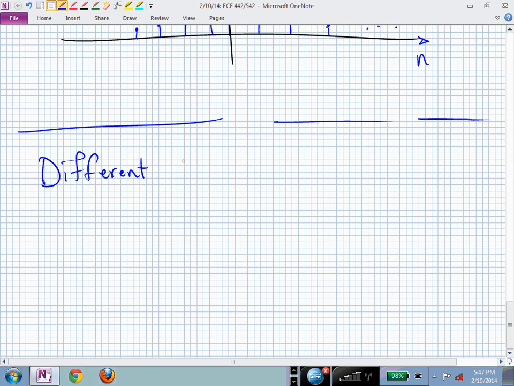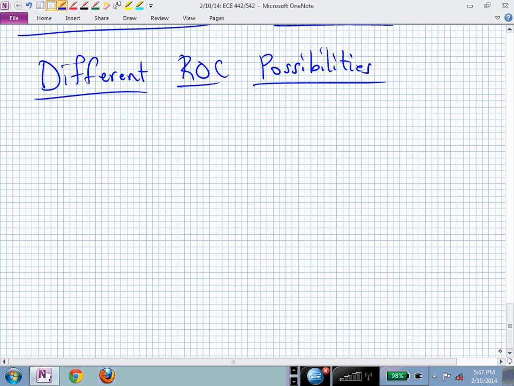Okay, so maybe we can address some of these questions with one more iteration on this, with different region of convergence possibilities. And now I will assign numerical values to the poles that I'm going to sketch.